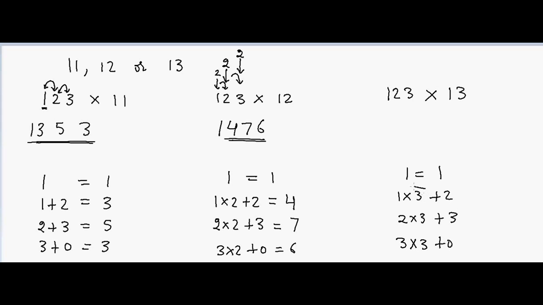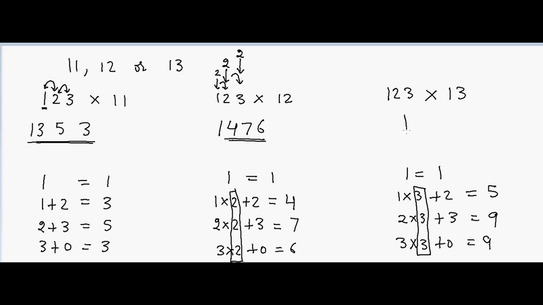So if you look here, I multiplied all the numbers by 3. Here I multiplied all the numbers by 2, and here I did not do any multiplication because it was 1. So if I add these numbers, it will be 1, 5, 9 and 9.